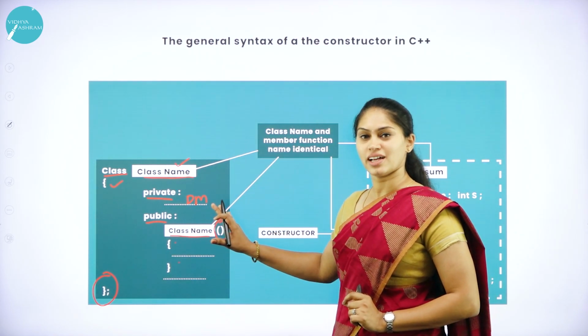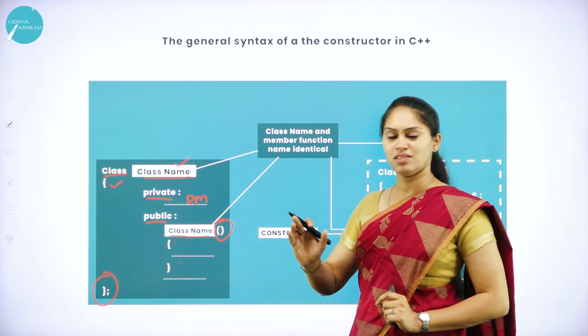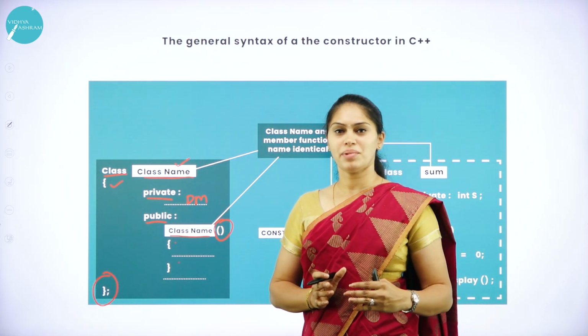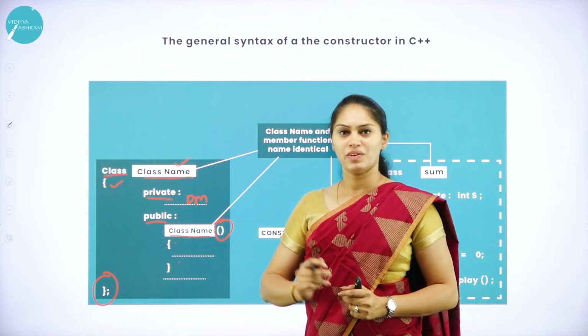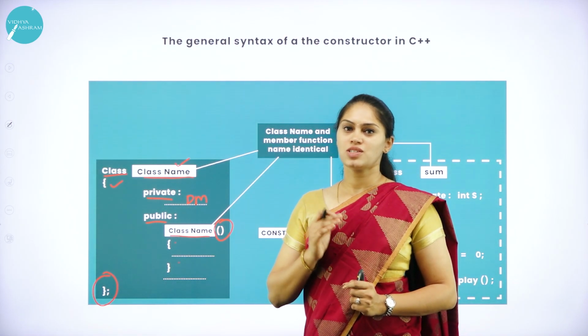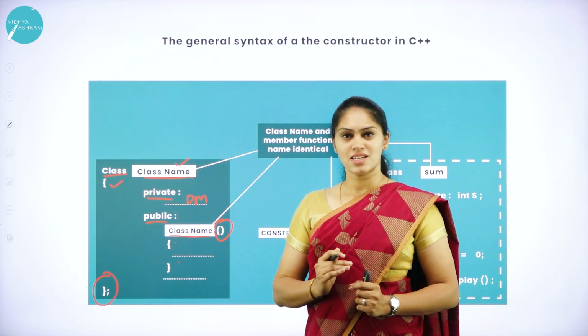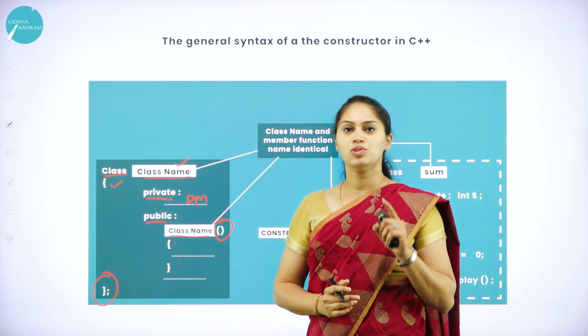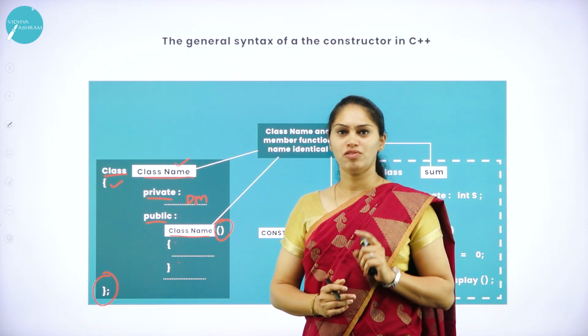In order to write a constructor function, I need to specify the class keyword along with the class name, and this class comprises data members as well as member functions. In the member functions, the constructor is also one of the special member functions that is mainly used to initialize the data members of a class.